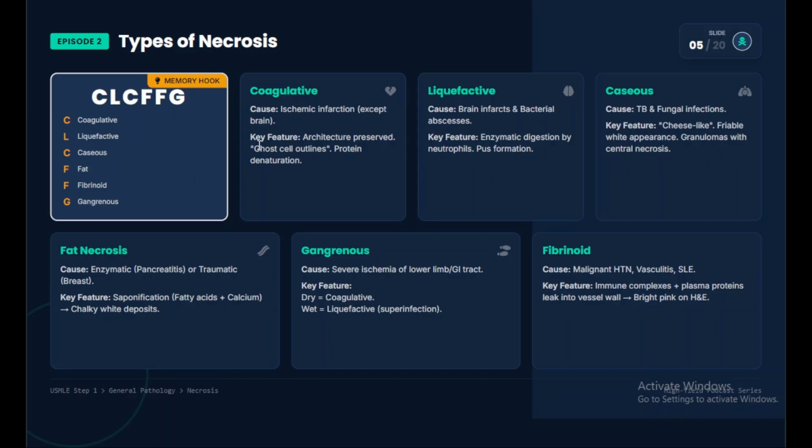Microscopically, the tissue structure is completely destroyed and the necrotic area appears as amorphous granular debris. But the most important feature is the granuloma. Granulomas are organized collections of immune cells surrounding the necrotic center, forming a ring around the central caseous necrosis.